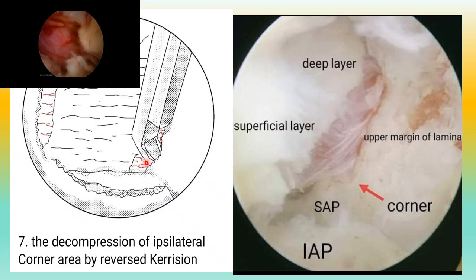And here the root exists. It's a traversing root. The traversing root, sometimes a disc is there, so you can approach from here.